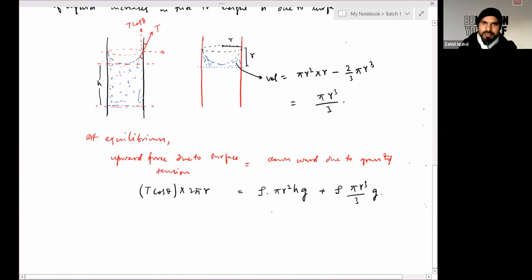If you solve this expression, pi r will cancel out. So you're left with h equals 2T cos theta divided by rho g r minus r by 3.